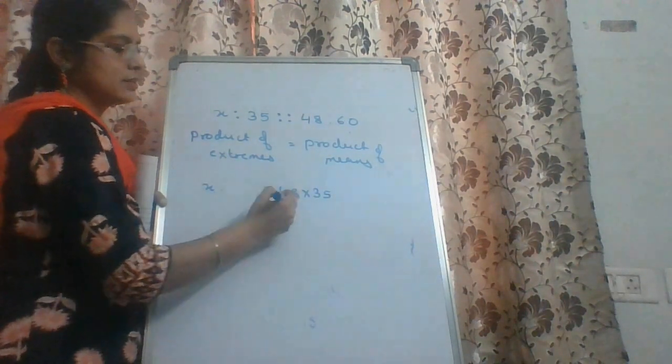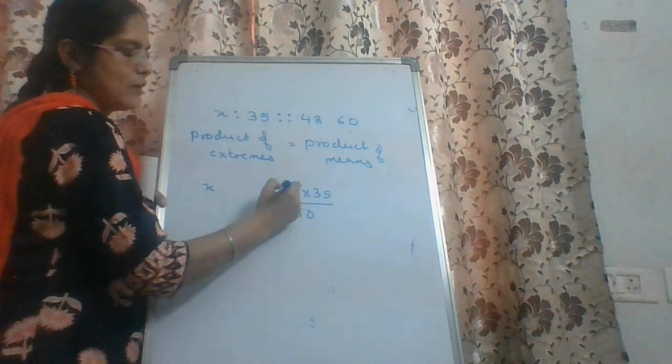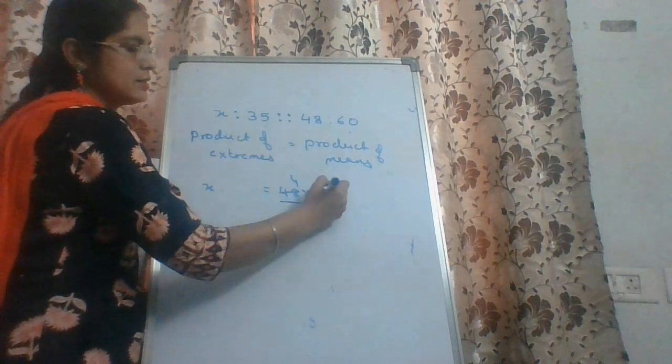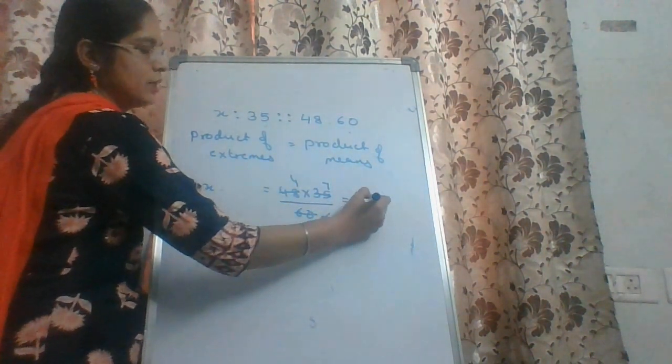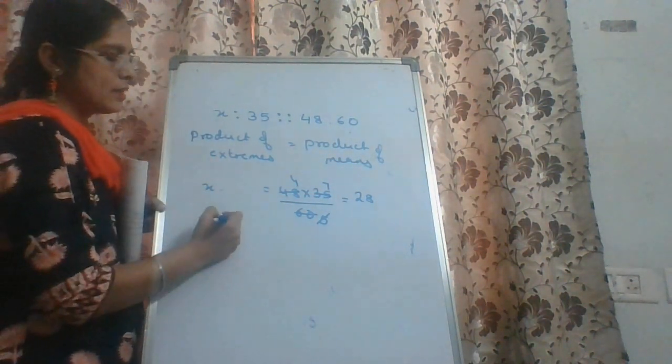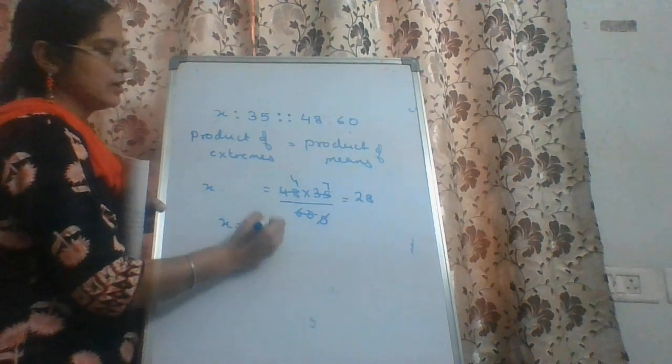I can cancel the 60 here. 12 fives are 60, 12 fours are 48, 12 fives. This is 7 times 4, this is 28. I get my answer as 28. So x is equal to 28.